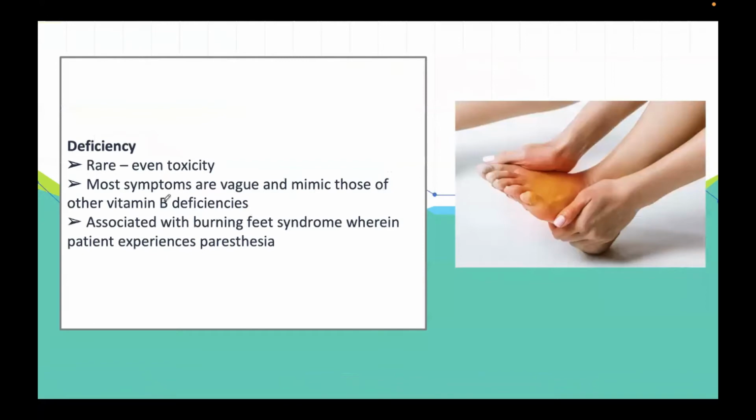So, for our vitamin B5 deficiency, it is very rare, even the toxicity. If we go back to our description of the water-soluble and fat-soluble vitamins, for the water-soluble vitamins, mostly or all of them, we do not experience toxicity because any excessive intake of water-soluble vitamins, we just excrete in the urine. We will discuss vitamin C later, but that is the perfect example I can think of for a water-soluble vitamin.